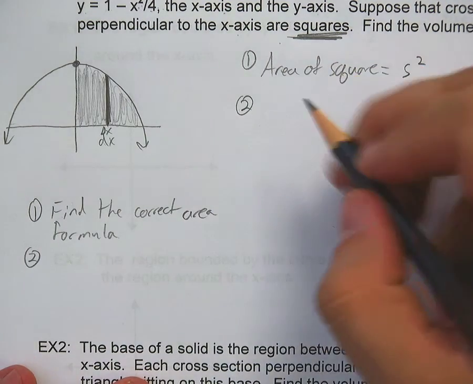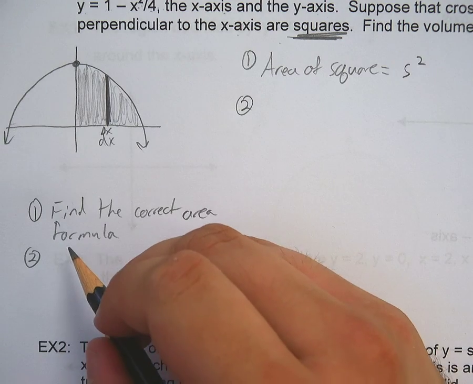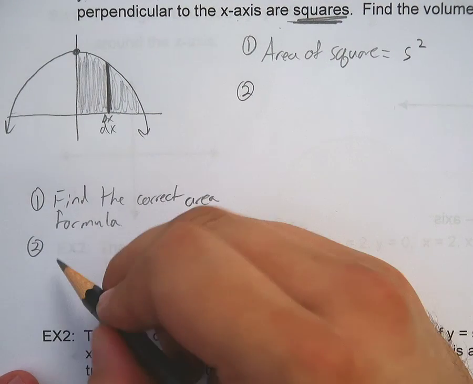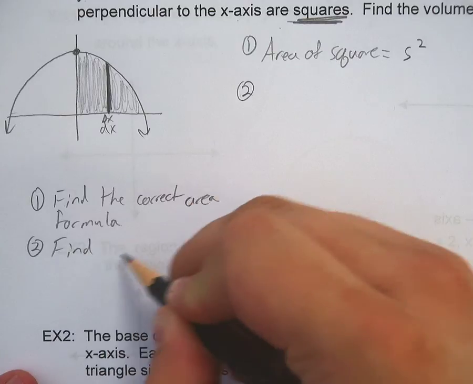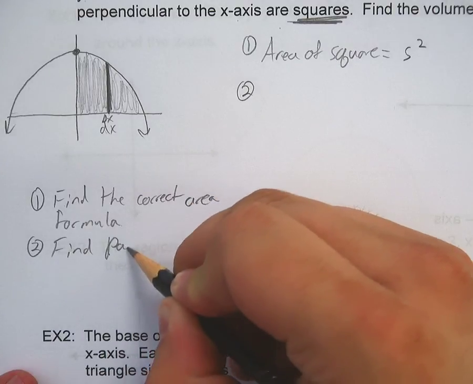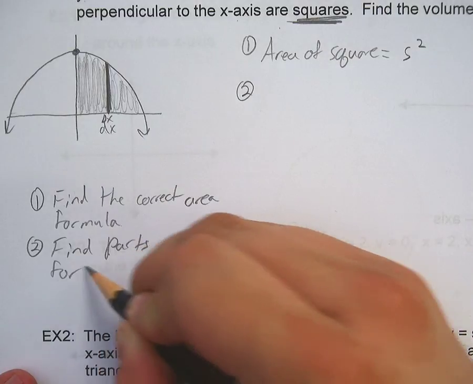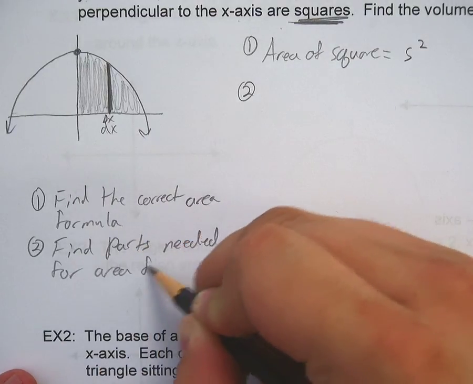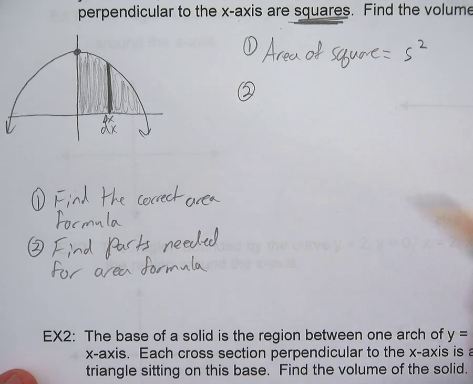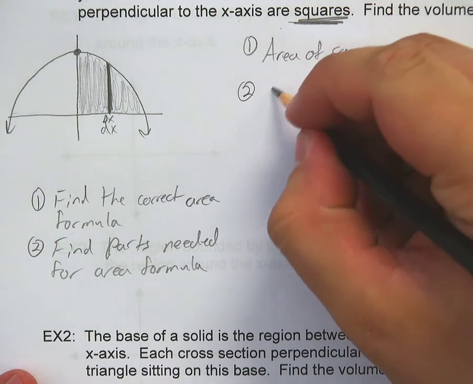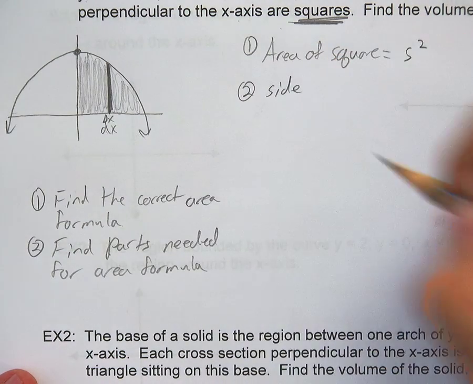2. You need to find the parts needed for the area formula. For a square, I just need to figure out what the length of the side is, right?